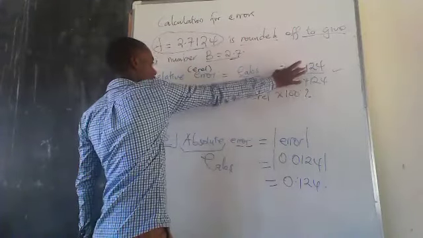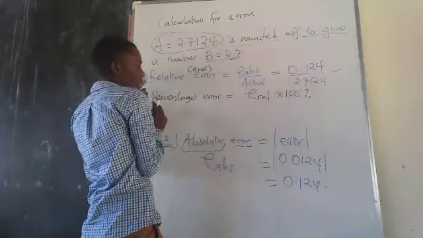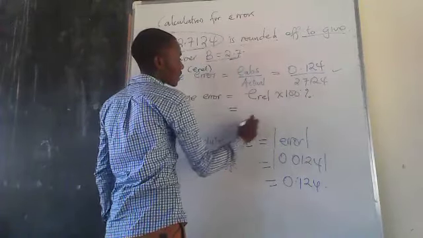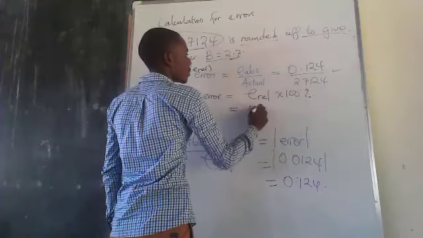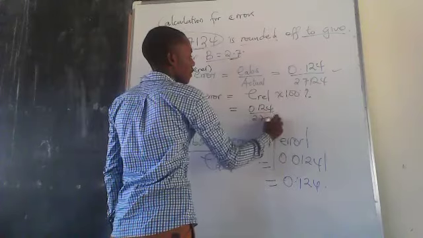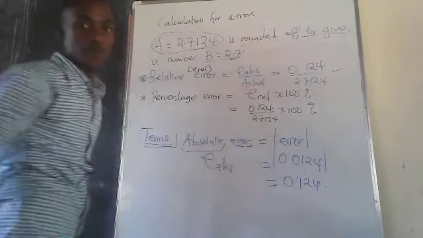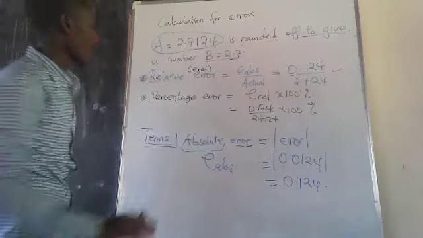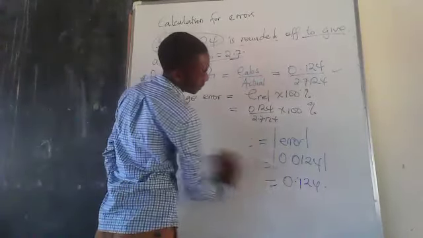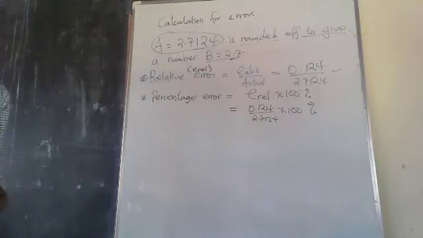So just get the relative error, the one that we got from above, then times 100. The relative error was 0.0124 out of 2.7124, but times 100%. You express it as a percentage. So that's how we get percentage error.